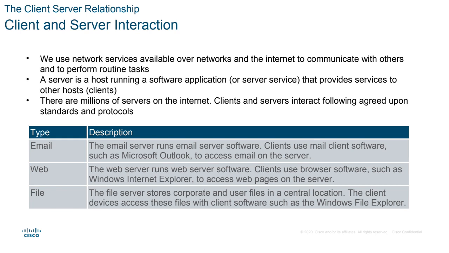Then we have the web server, which runs web server software, and the clients use browser software such as Internet Explorer, Microsoft Edge, Google Chrome or Firefox to access these pages on the server. We have also file servers. They store files, and the users can download or upload files to the server.